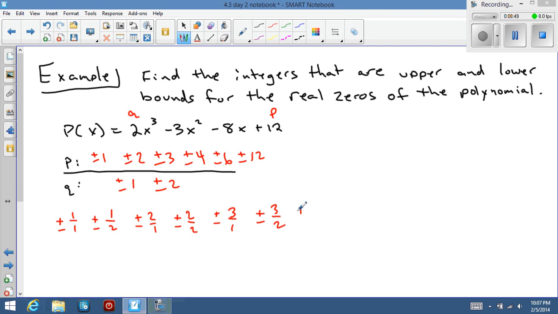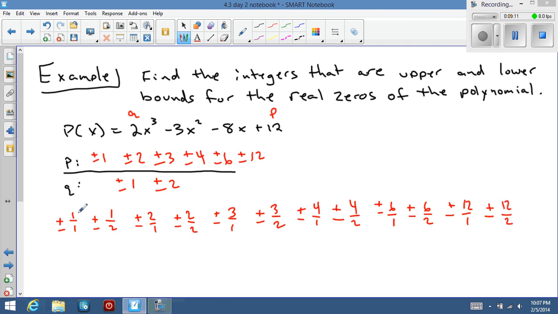Then the 4, 4 over 1 and 4 over 2. Now the 6, 6 over 1 and 6 over 2.